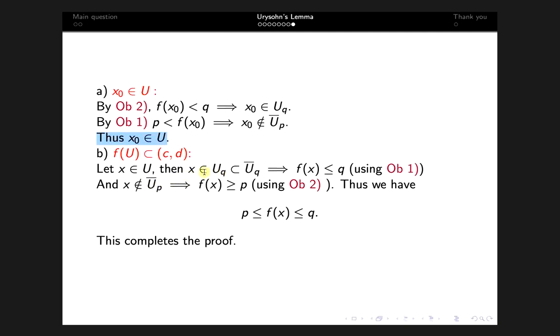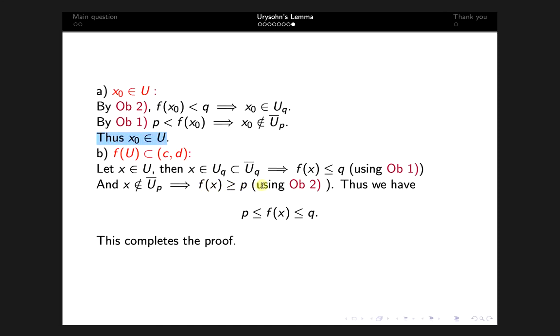Now x belongs to UQ, and UQ is contained in UQ closure, so x belongs to UQ closure, and that implies f of x less than or equal to Q. This is a straightforward application of observation 1. And x does not belong to UP closure, which implies f of x greater than or equal to P. This is also a straightforward application of observation 2.